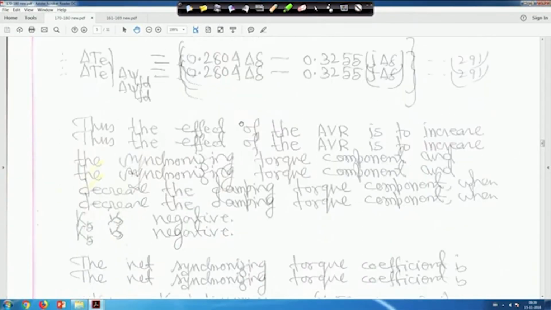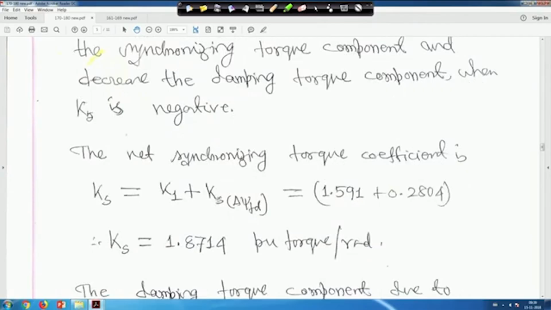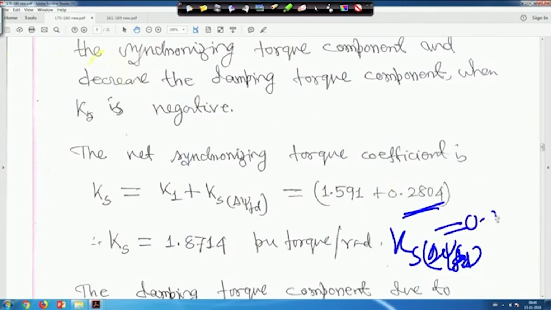We write Ks delta psi FD, which we define as the synchronizing torque component due to delta psi FD, equal to 0.2804. So the total is 1.871 per unit torque per radian, a dimensionless quantity, because per unit torque is dimensionless and radian is also dimensionless. Thank you very much, we will be back again.